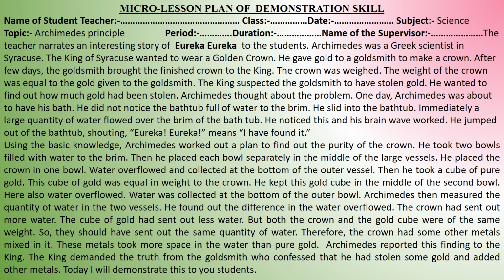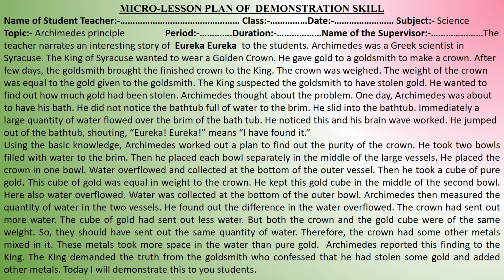After the preliminaries have been mentioned, the teacher narrates an interesting story of Eureka Eureka to the students. Archimedes was a Greek scientist in Syracuse. The king of Syracuse wanted to wear a golden crown. He gave gold to a goldsmith to make a crown.